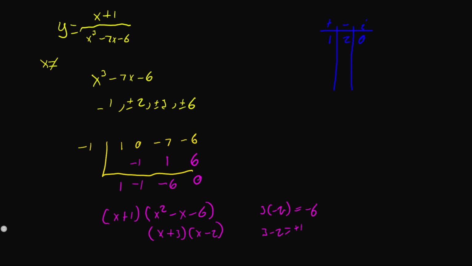So we have to switch the sign of our answers, giving us x minus 3 and plus 2. So we get -6 again, and -3 plus 2 is equal to -1. So that is our factor.